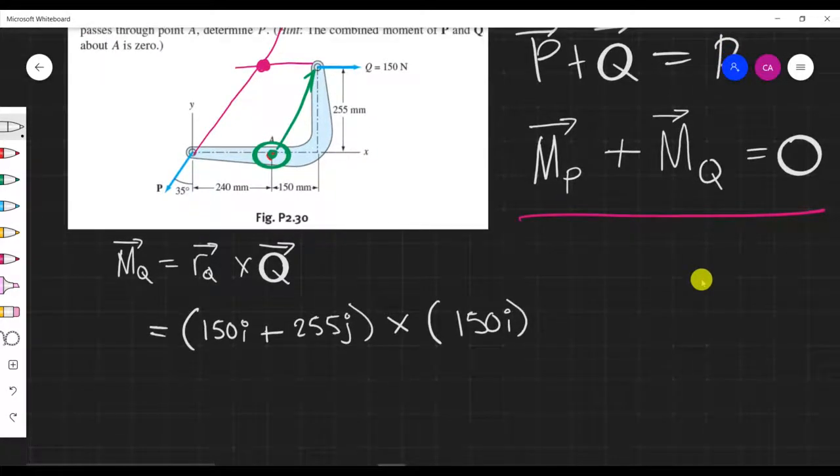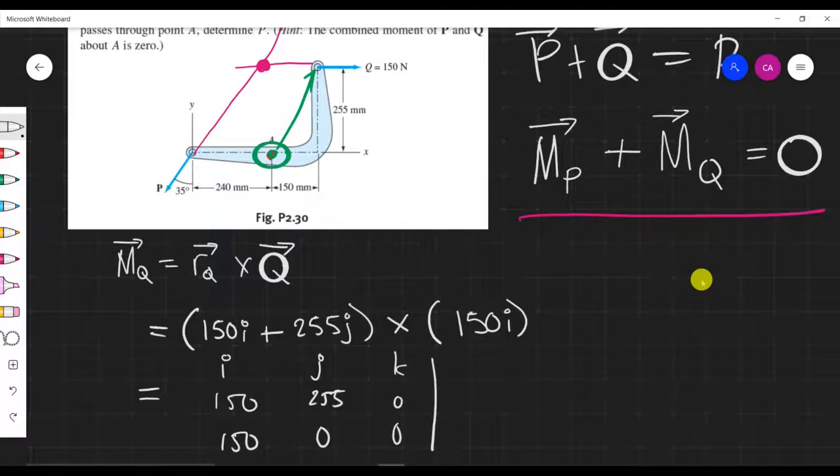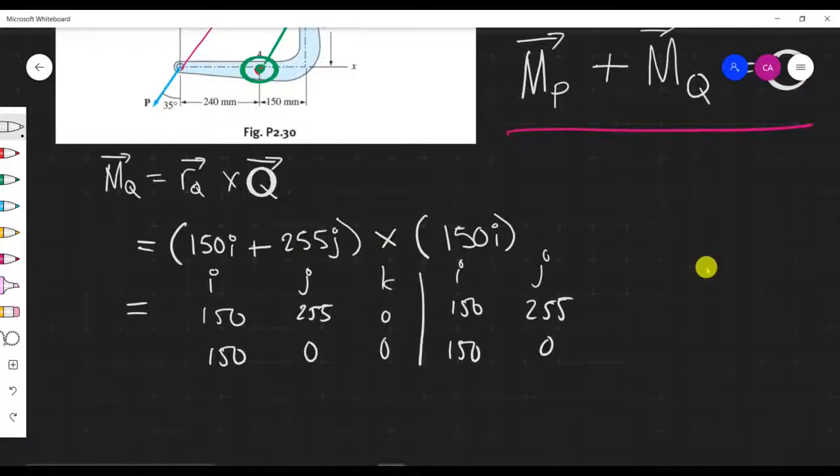So, what is the moment? So, the moment is I, J, K; 150, 255, 0; 150, 0, 0. I, J, so 150, 150. Then, 255, 0. Basket method.